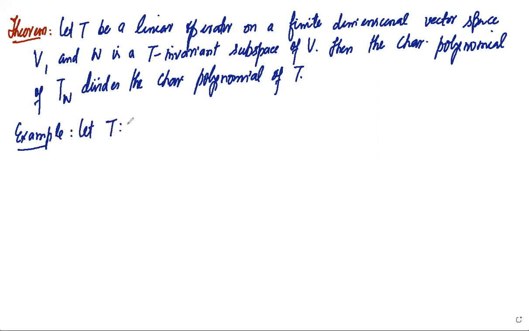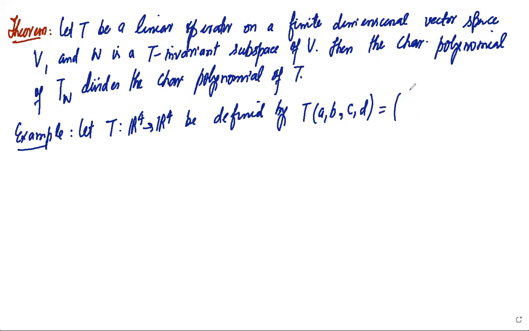Let T from R4 into R4 be defined by T of A, B, C, D equal to A plus B minus C, then A plus B plus D, then 2C minus D, then C plus 2D. Then clearly this is a linear operator.